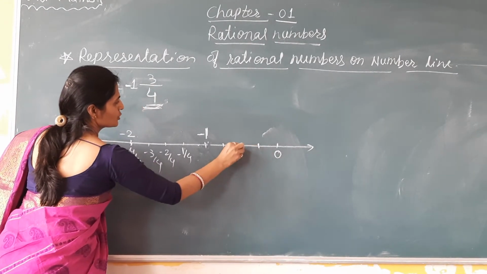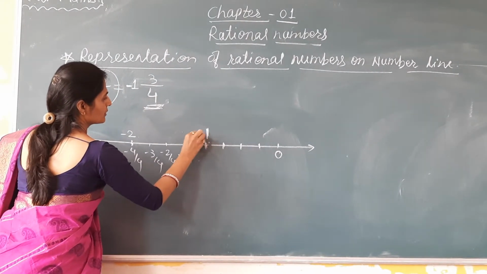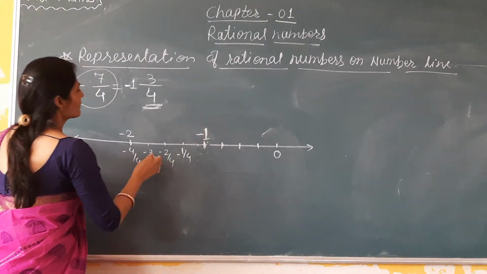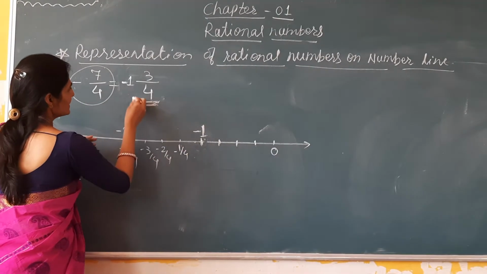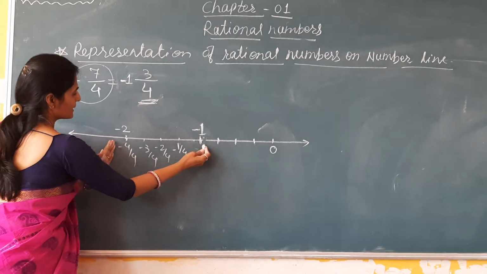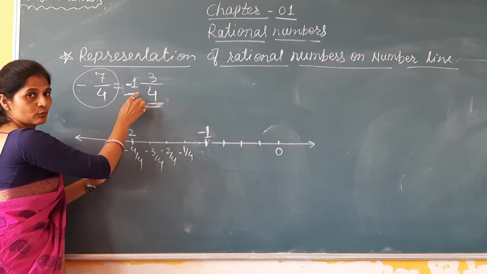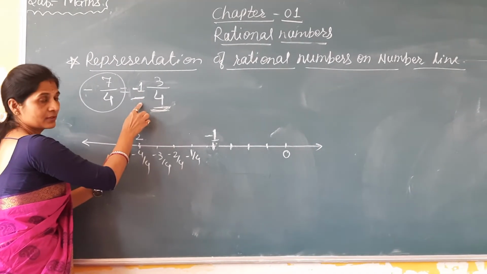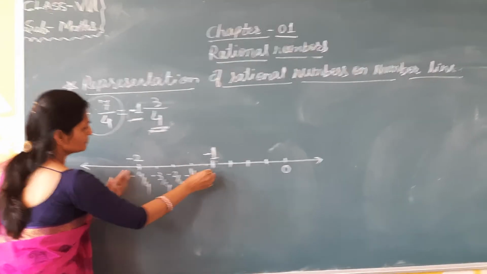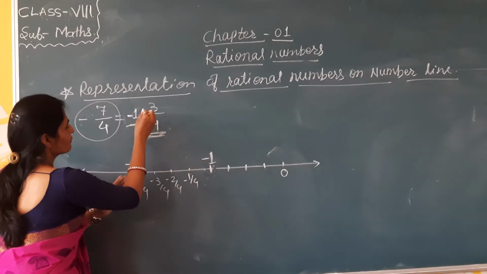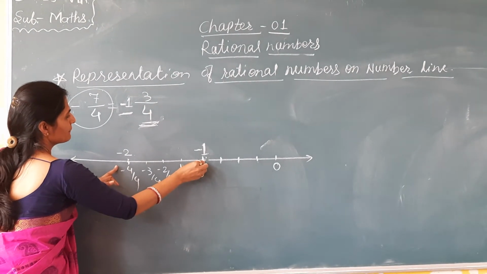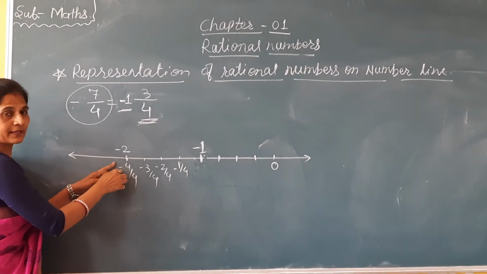So 1, 2, 3, 4. It is -1. Why will we take it in between -1 and -2? Because 1 is whole, -1 is a whole number. So you will plot that -1 whole 3 upon 4 in between -1 and -2.